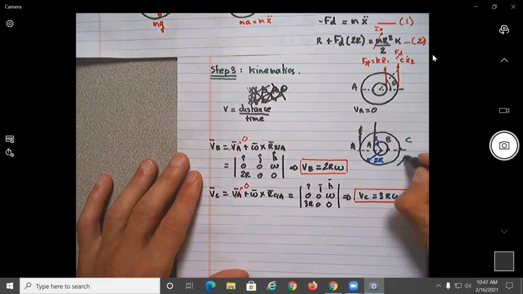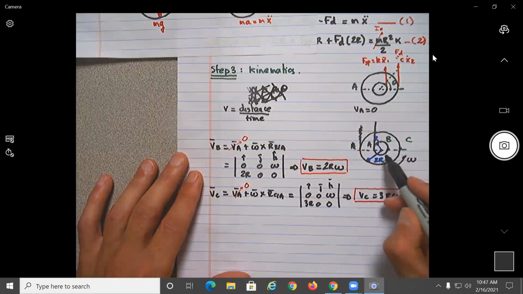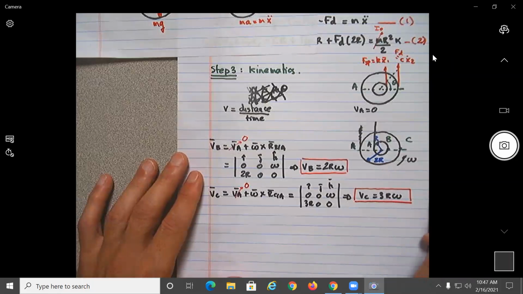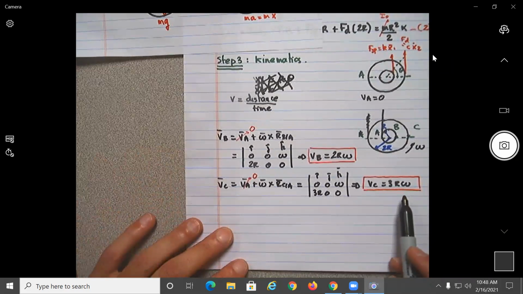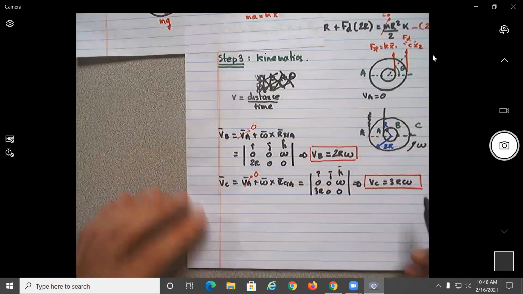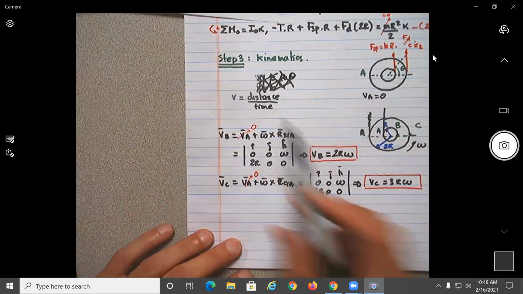Okay, and all these ones would be rotating with respect to omega, which is with respect to the center.